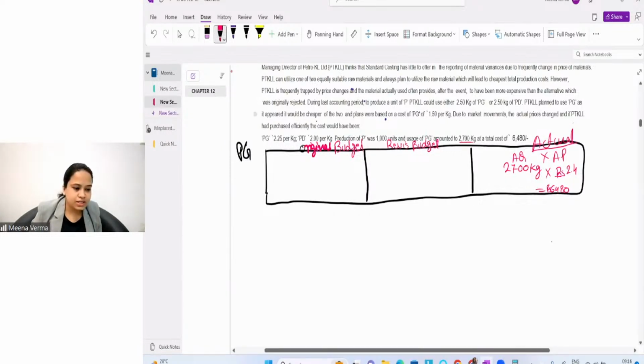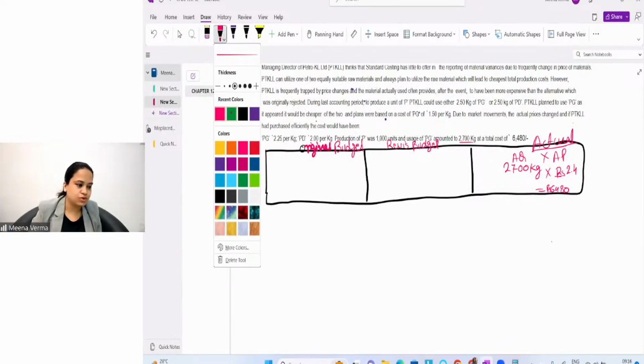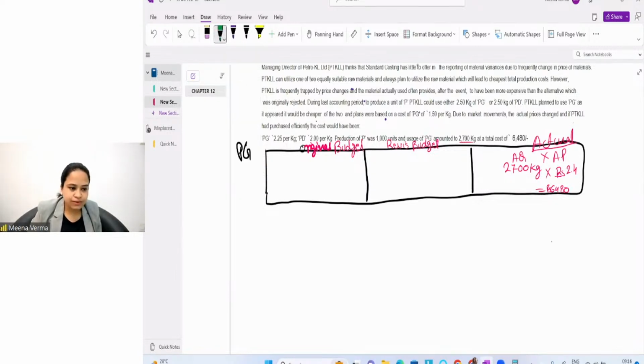Okay. Then now let's see the revised budget and the original budget for this product. So we can see what the original budget was. Originally, how many units do we have here? For PG, the original budget was set as 2.5 kg per unit. And how many units have they promised to produce? 1,000 final goods. 1,000 units they are planning to produce, right? If you multiply them, you will get the original budget cost. That will be around rupees 2,500.